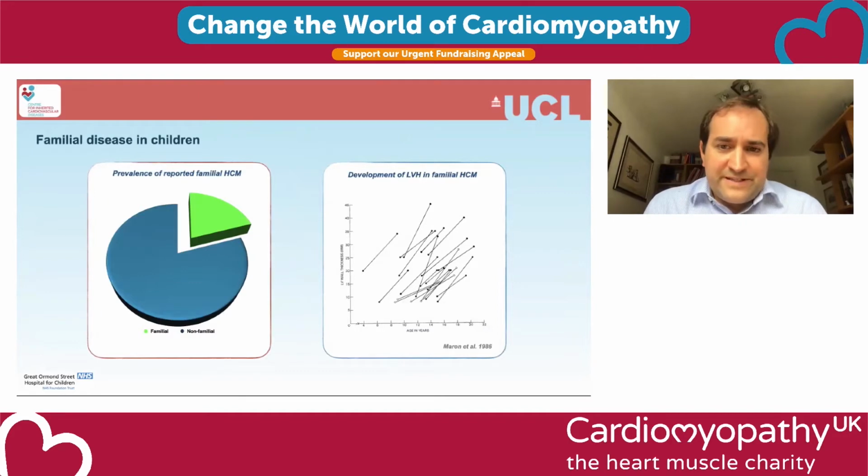And the reason for this is that a number of studies that are really now fairly old have suggested that familial disease is not so common in children, and also that particularly with hypertrophic cardiomyopathy, in families with this condition, the features of the disease don't tend to develop until the adolescent years, until the teenage years. At least that was what these studies have suggested.